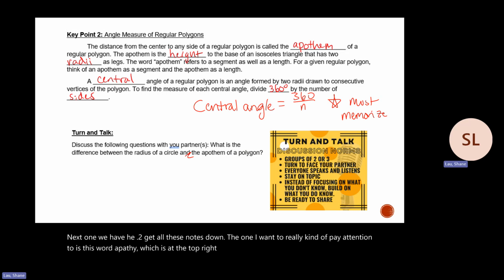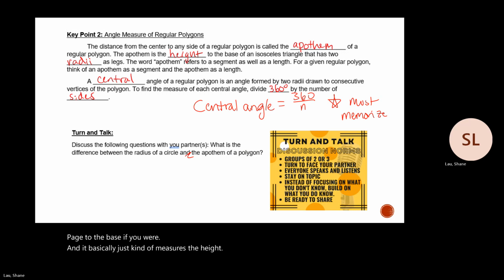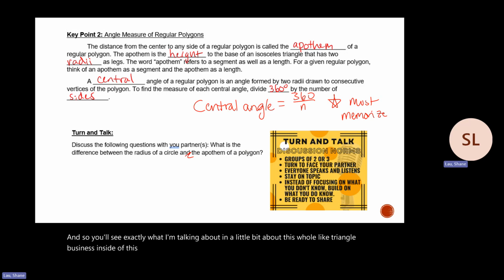Apothem is the distance between the center of a polygon to the side, essentially. Okay, to the base. And it basically measures the height of the triangle it creates here. You'll see exactly what I'm talking about in a little bit about this whole triangle business inside of this. But just for right now, keep it in the back of your mind.